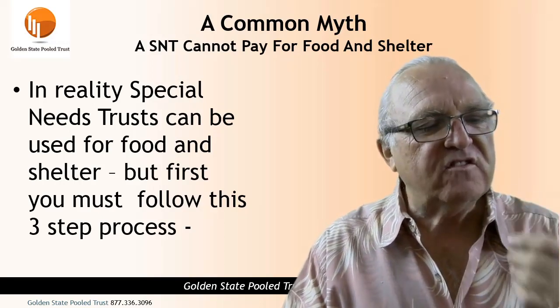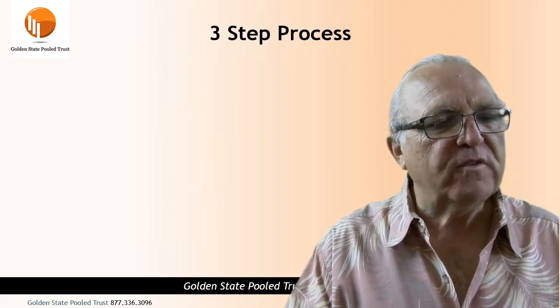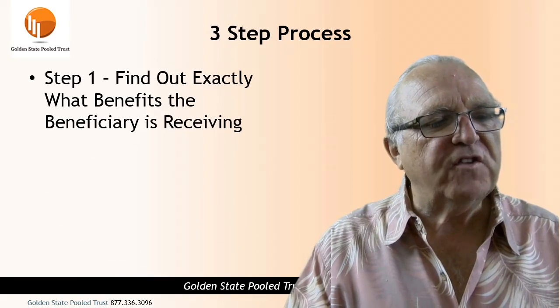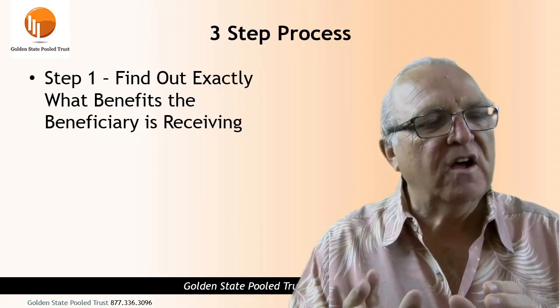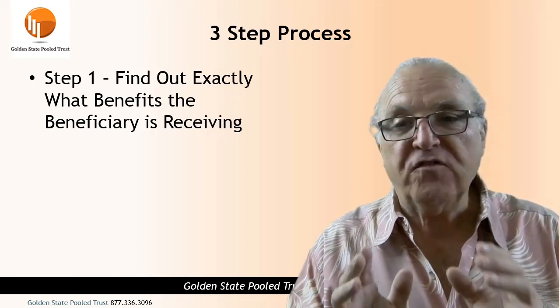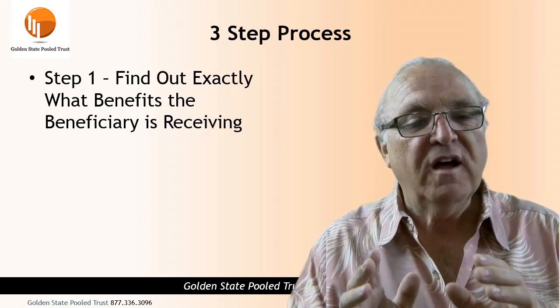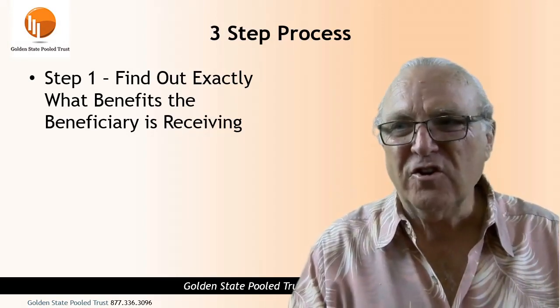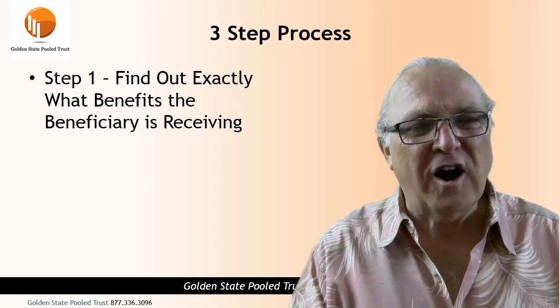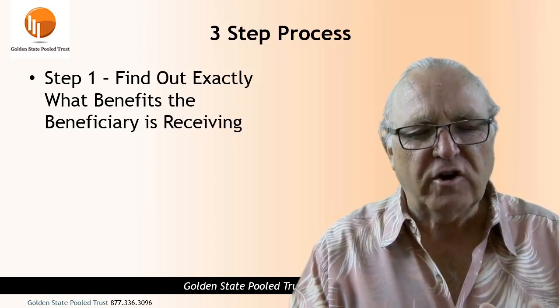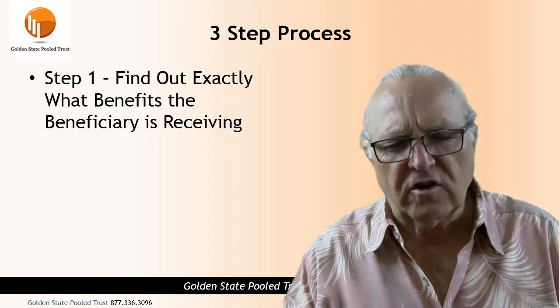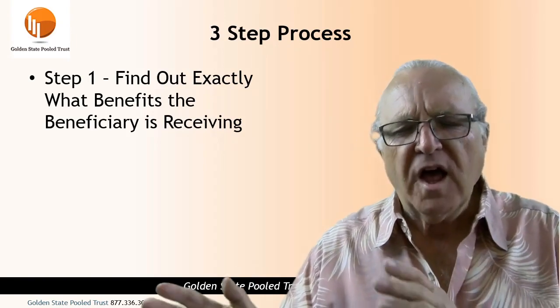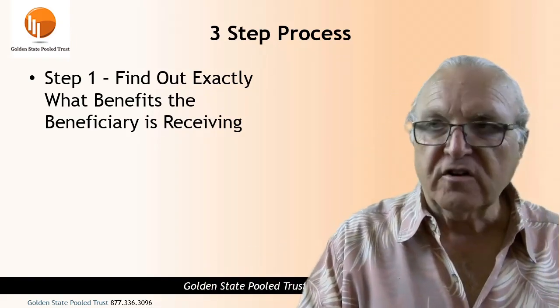The first part is to find out exactly what benefits the beneficiary is receiving. After doing this for years and years, it's really common that a beneficiary will be absolutely certain they're on one program when they're on another program altogether.